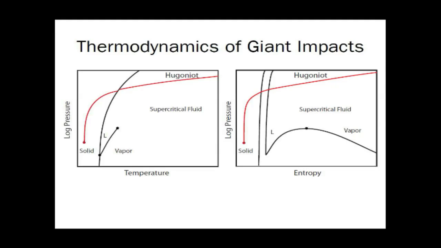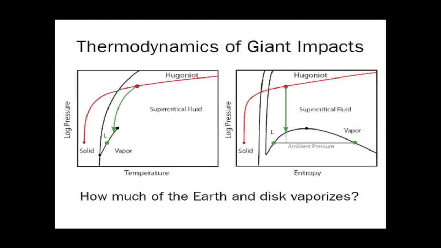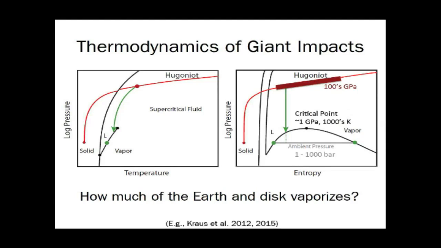When we look at the calculations of making a moon under a giant impact event, much of the mantle is shocked to hundreds of gigapascals. And under these states, when decompression occurs down to this ambient atmosphere that we have around the planet of hundreds of bars, much of the material can be vaporized.